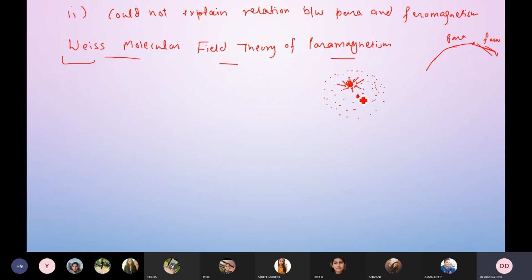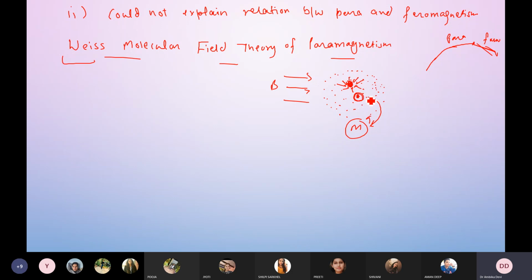And this internal field is such that when you apply any external magnetic field to this specimen, this internal field will add into the magnetization of the material, in the same direction as the magnetization of the material, right? So if M is the magnetization of this material, then this internal field will also add its impact into the overall magnetization. In the Langevin theory of paramagnetism, we were not considering this internal field.